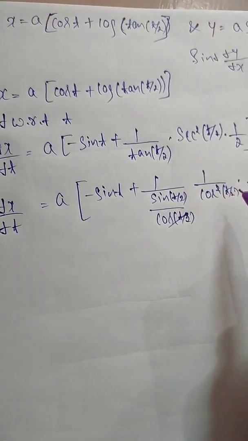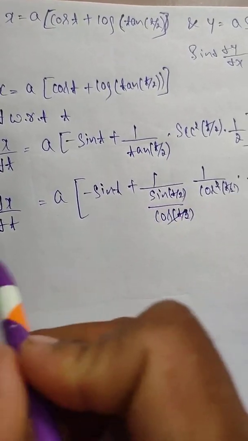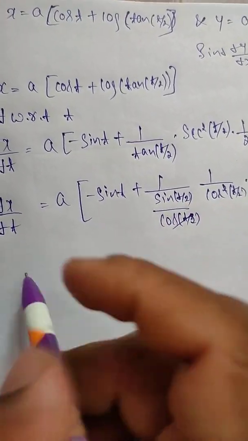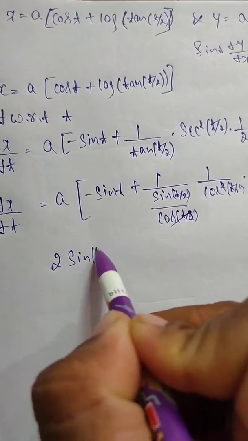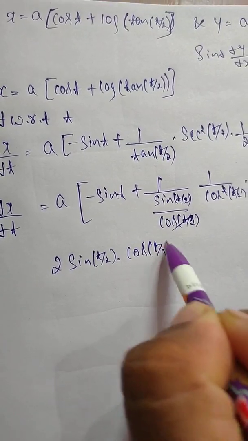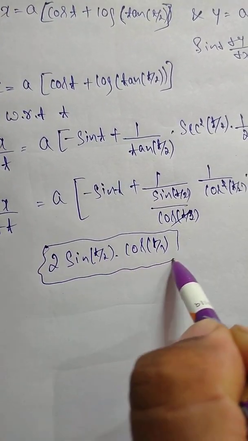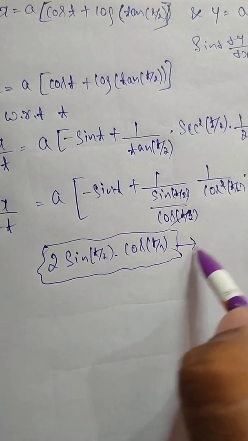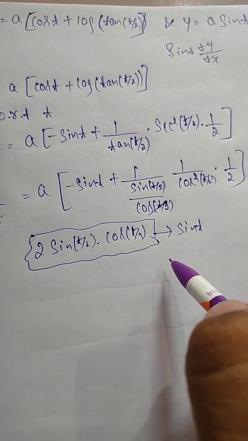Cos t by 2 cancels. Here we are left with what in the denominator? I am writing here 2 sin t by 2 into cos t by 2. So this is the term in the denominator. This term is written as sin t. So this is a half angle formula.